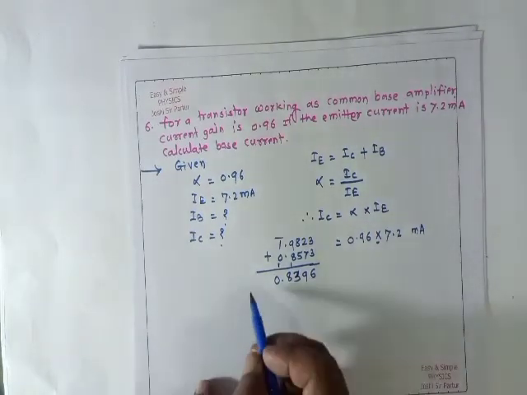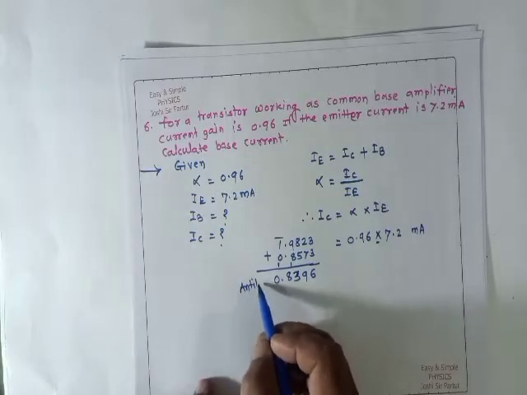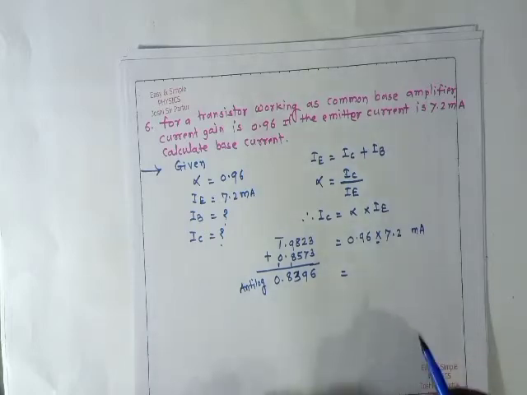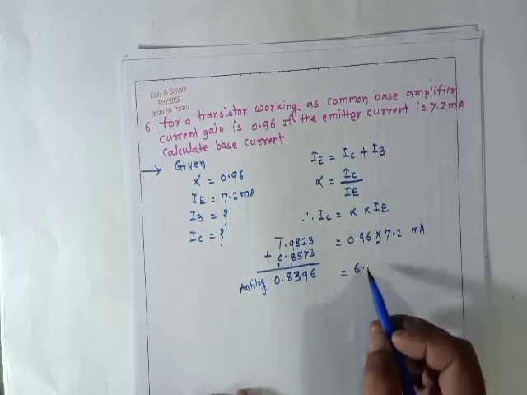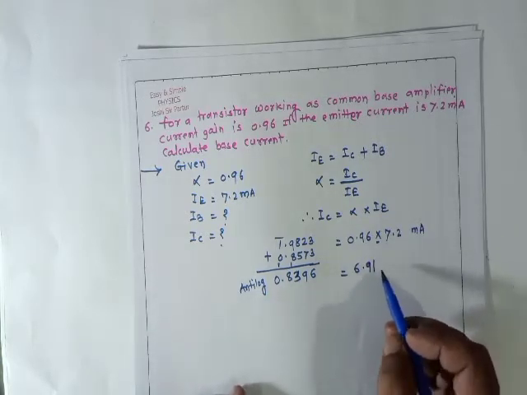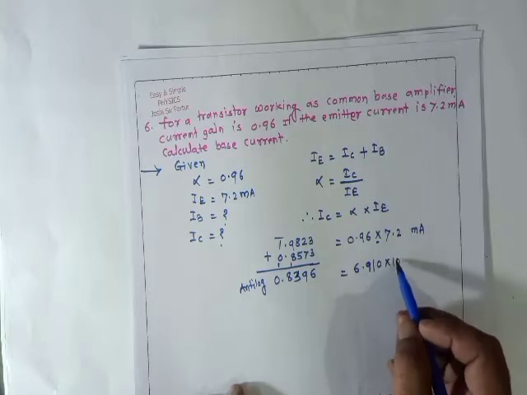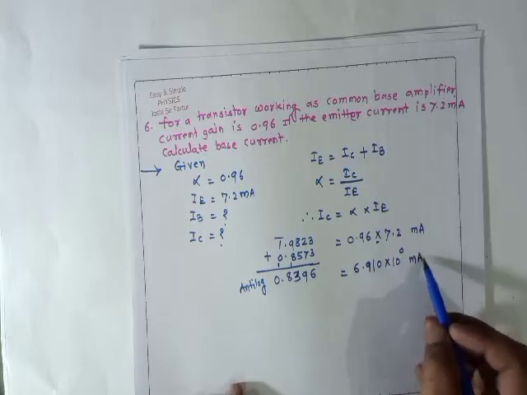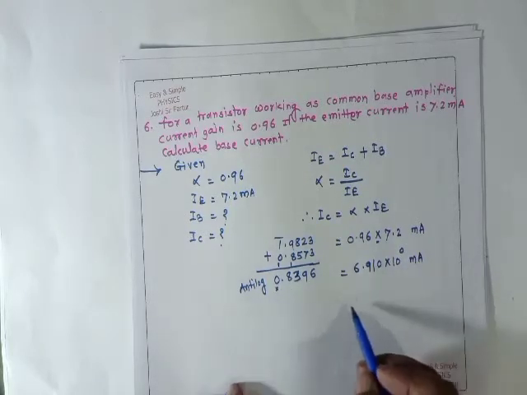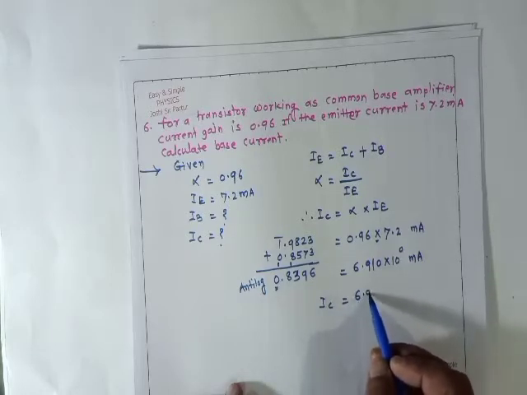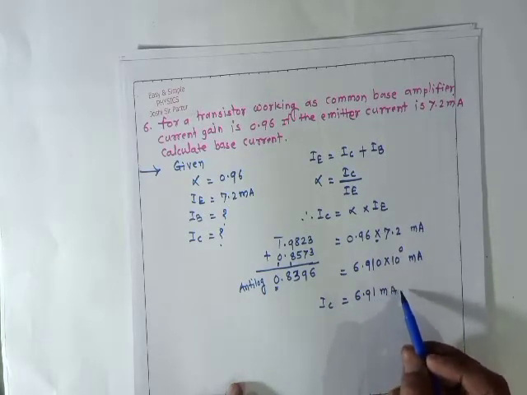So here take its antilog. Antilog of 0.83 in 9, that will be 6.91 in 6, that is 6.910 into 10 to the power 0 milliampere, because 0 is there. So the collector current will be 6.91 milliampere.